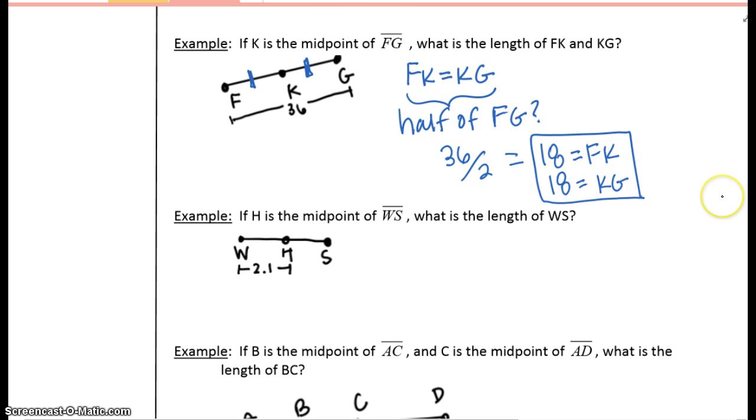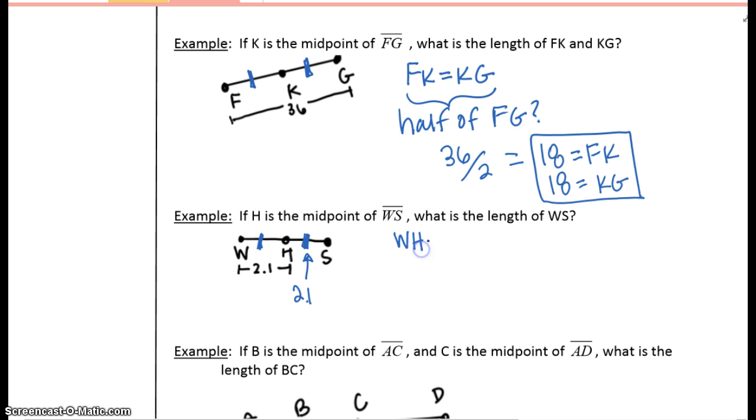Let's talk about this next example. If H is the midpoint of WS, what's the length of WS? Well, H is the midpoint, and if it's a midpoint, then these two pieces are the same length. So if WH is 2.1, then what is HS? It's also 2.1. And now let's go back to some segment addition. I know people try not to use letters, but I like to show the letters here whenever I have a chance.